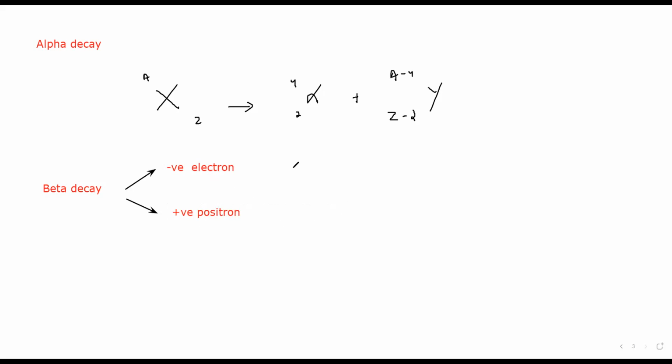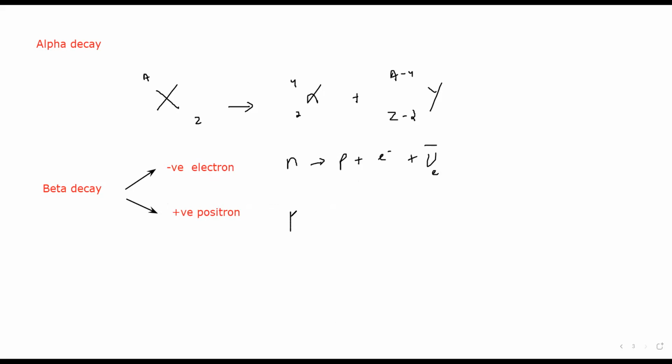So what happens, for example, in a negative beta decay is that a neutron breaks into a proton, an electron, and an anti-electron neutrino. Why is there an anti-electron neutrino? Because otherwise, if there was no anti-electron neutrino, the lepton number would not be conserved.